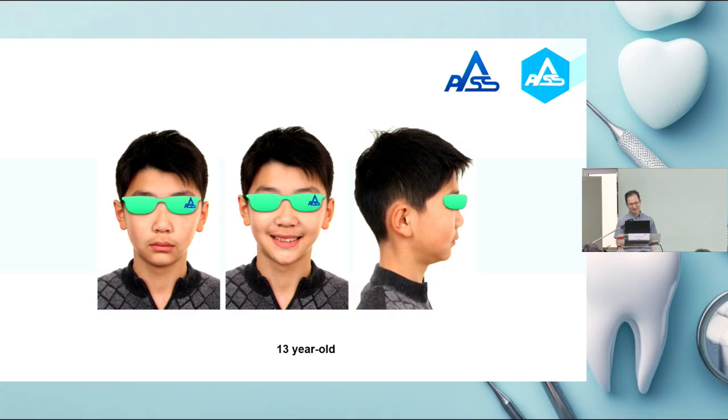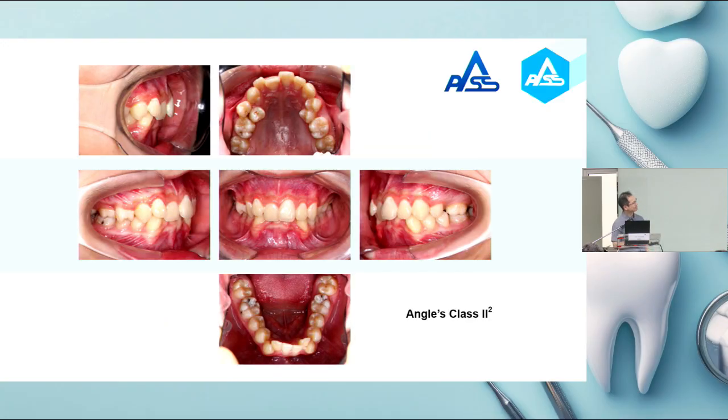This is a 13-year-old boy with a retrusive mandible, class 2 molar relationship, deep anterior overbite and normal overjet. So this is the typical Angle class 2 division 2 case. We can see his upper second premolar is blocked out from the dental arch.